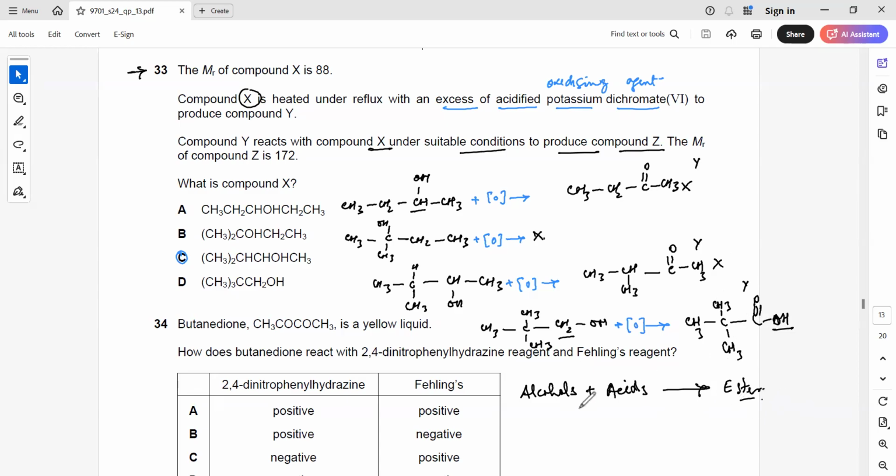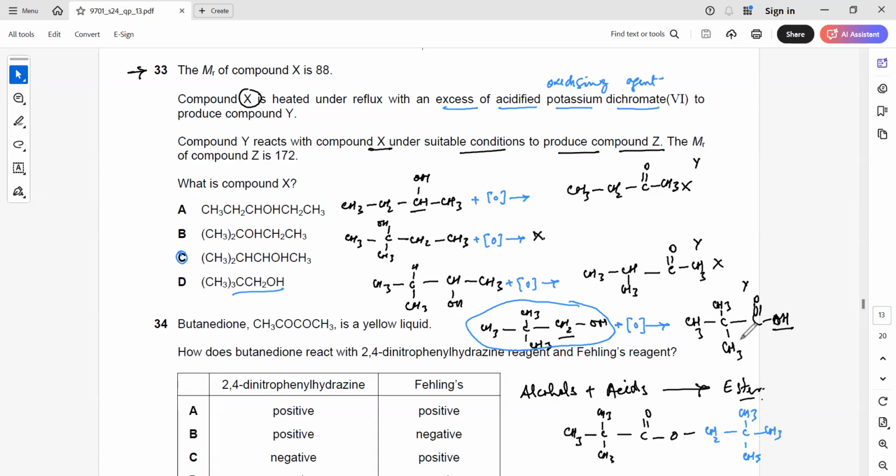If we perform its reaction, it will be CH3, CH3, CH3, C double bond O, and O, which will give an ester along with compound X, CH2, C, CH3, CH3, and CH3.